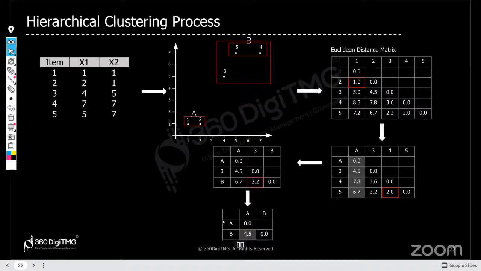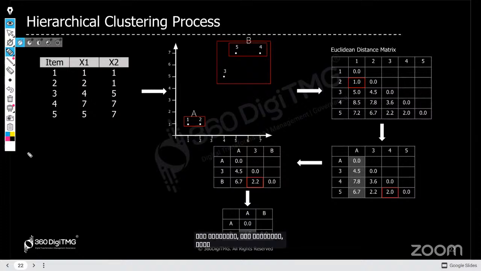So the main aim of hierarchical clustering is, let's understand what is going on in hierarchical clustering. If we write the steps that are involved to perform this process, we have step 1.